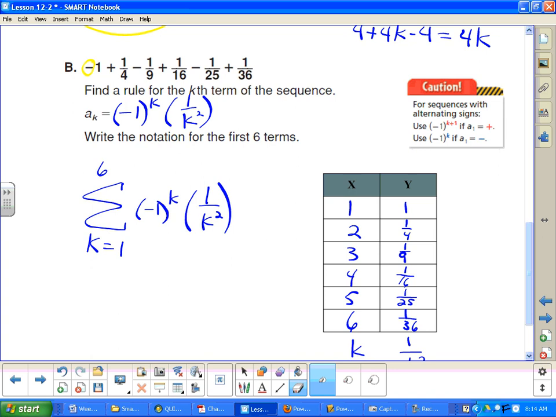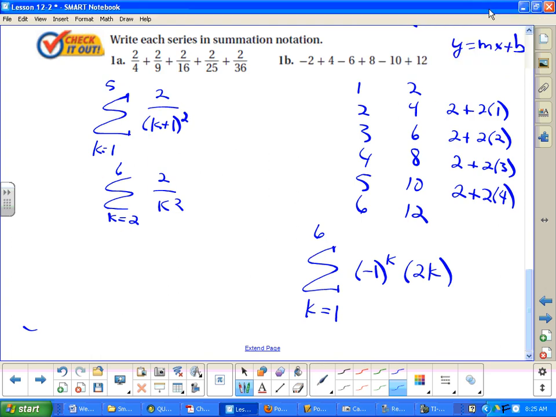If I put 2 in there, I would get negative 1 cubed, which is a negative 1. So anytime it starts out negative, we have to put negative 1 to the power of k in front. Whenever it starts out positive, we would put negative 1 to the power of k plus 1 in front. All right.